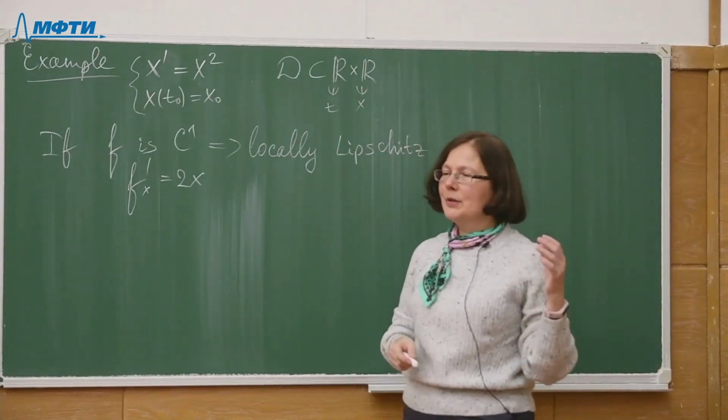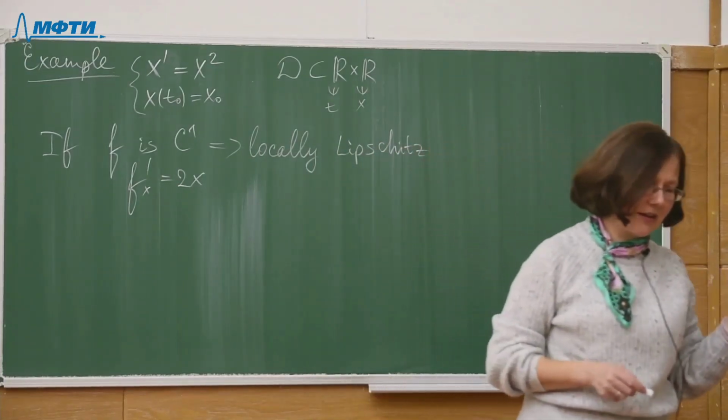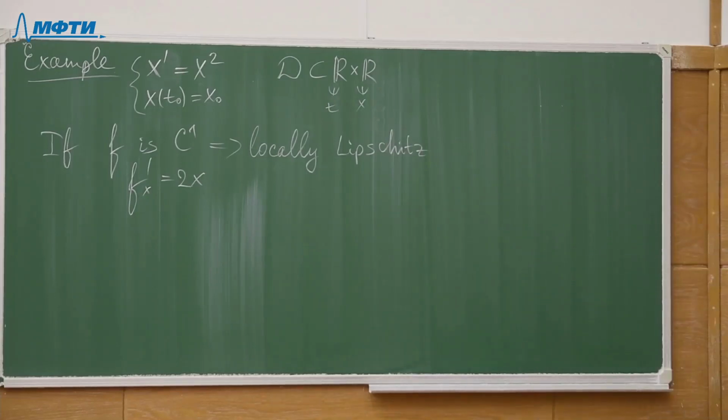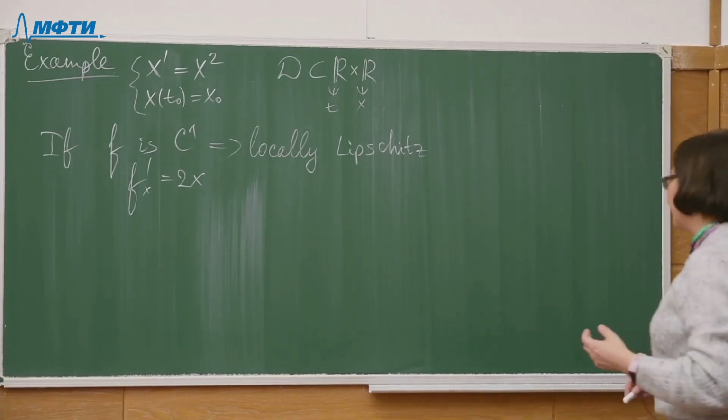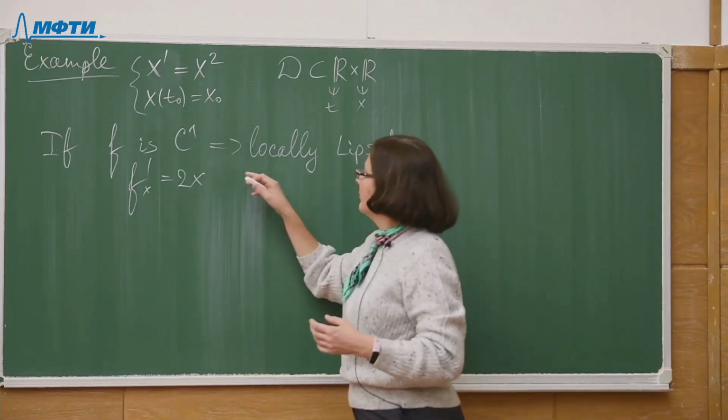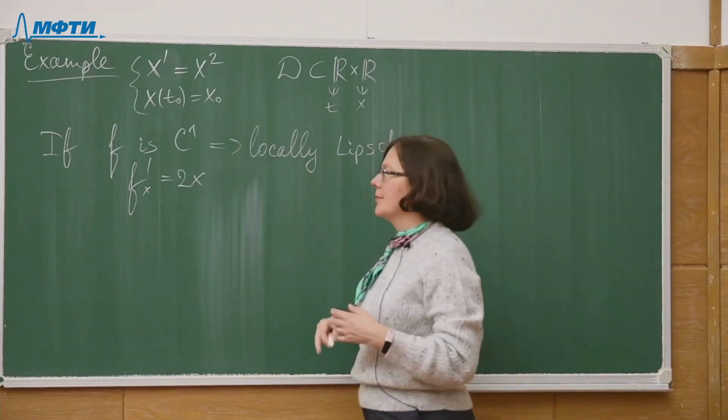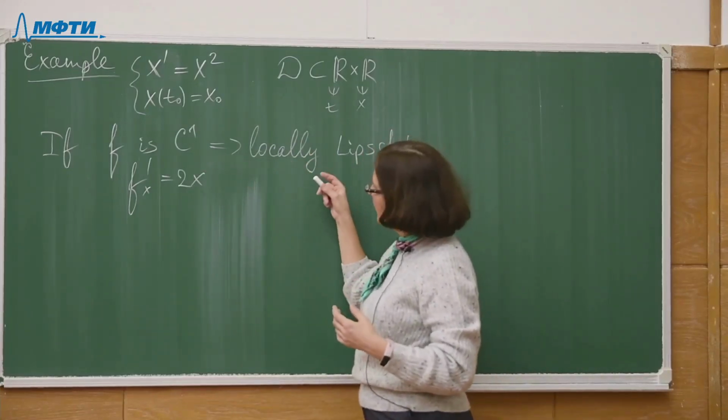So in practice, often it is very easy to check whether or not the function is locally Lipschitz. If it is differentiable, if it has continuous partial derivatives, then it is locally Lipschitz. The converse statement is not true.